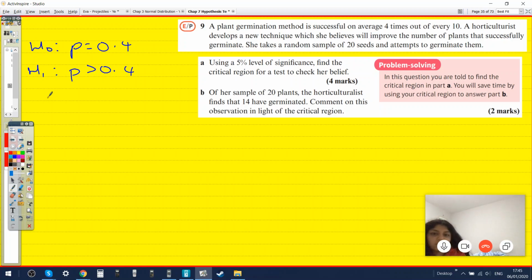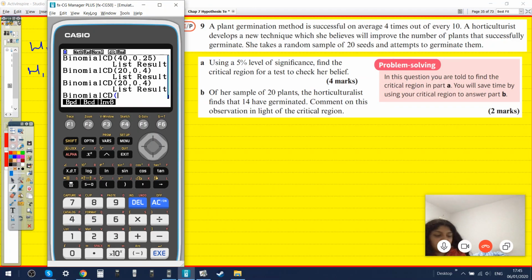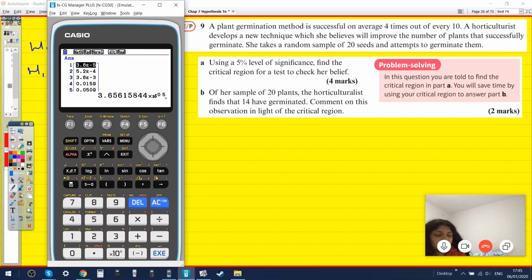And so what do we... this is a greater than question. Wait, well, I'm really confused now. So it was 20 and 0.4 again, was it? Yeah. Oh, okay, that's a coincidence. Let's see. So 0.95, and that is there. So the x for this one is actually 12. Is that right?